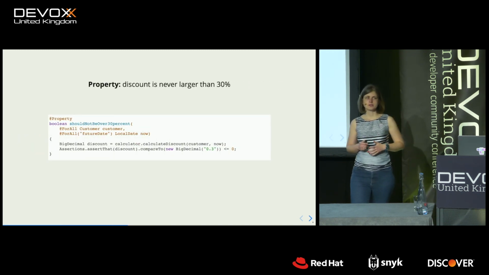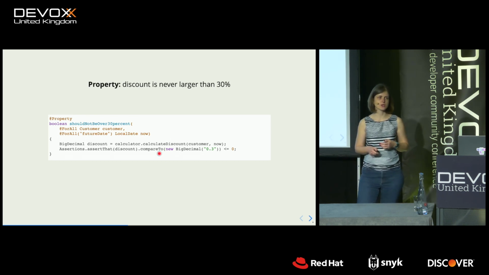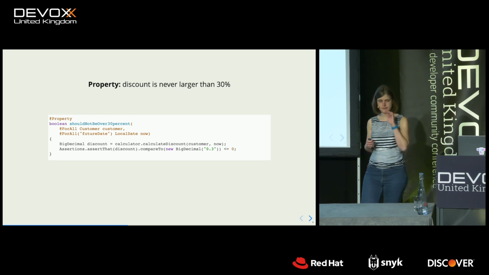Let's write the property that the discount is not larger than 30%. Now if you look at the body of the test, it's pretty standard. You just have the instance, you have our method called, and then with an assertion, you verify that the discount is not greater than 30%. Here, this property annotation just tells jqwik to discover this test as a property-based test, but all the magic happens here in those 4 annotations.